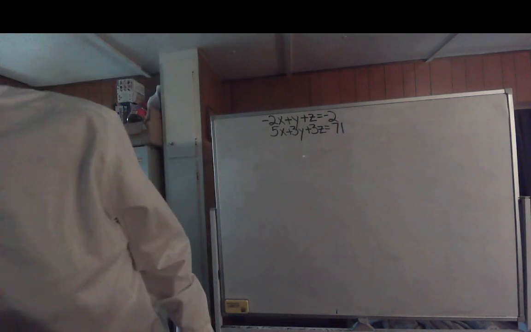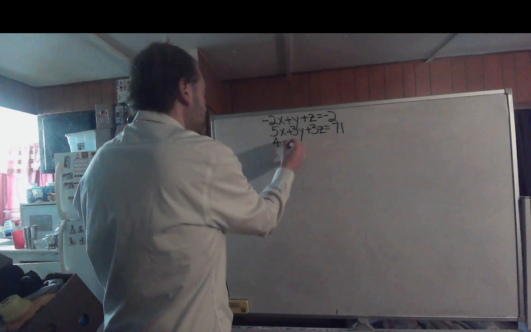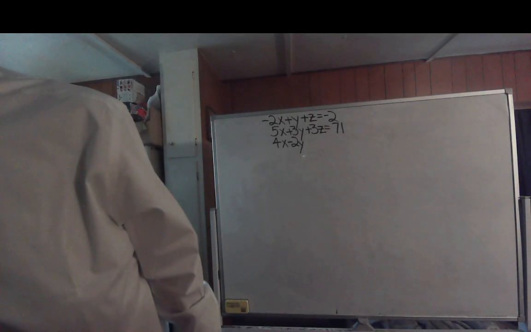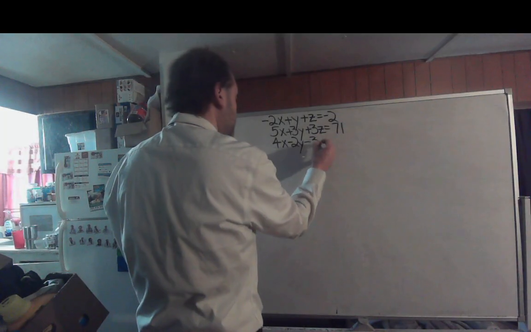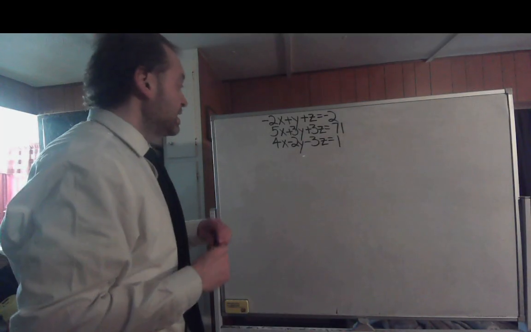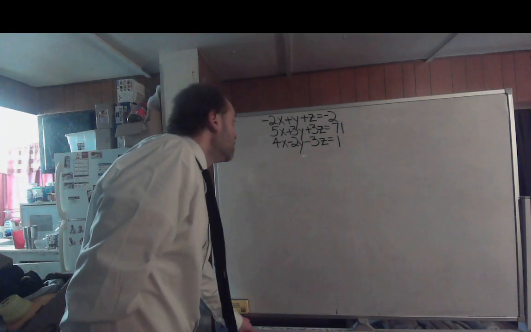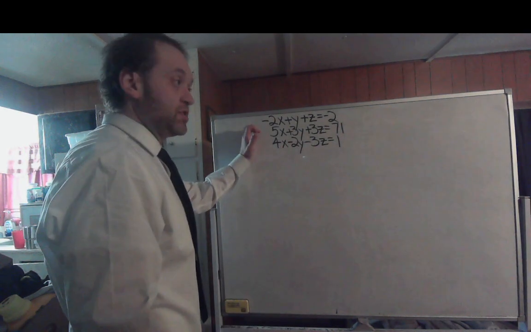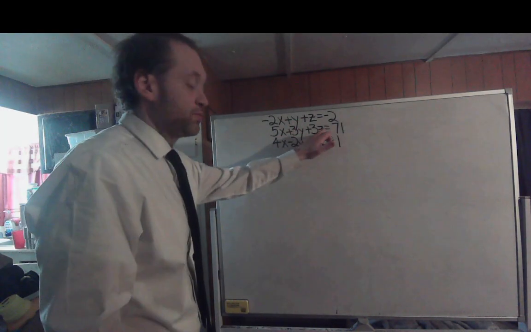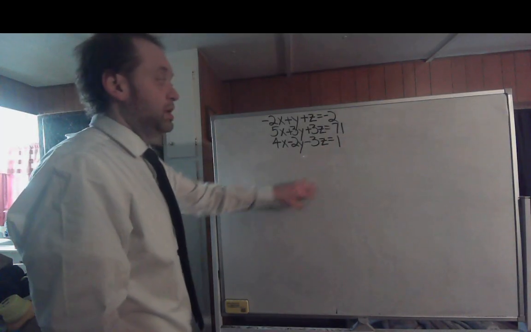And then you have 4x minus 2y minus 3z equals 1. Now we have this system where you have negative 2x plus y plus z equals negative 2, 5x plus 3y plus 3z equals 71, 4x minus 2y minus 3z equals 1.